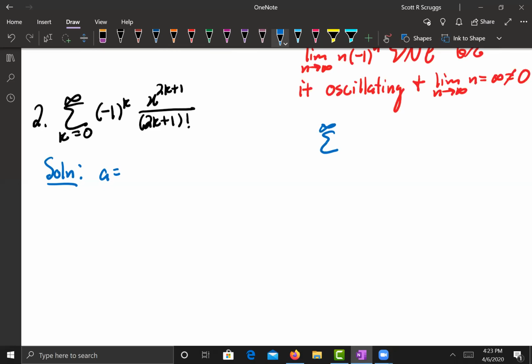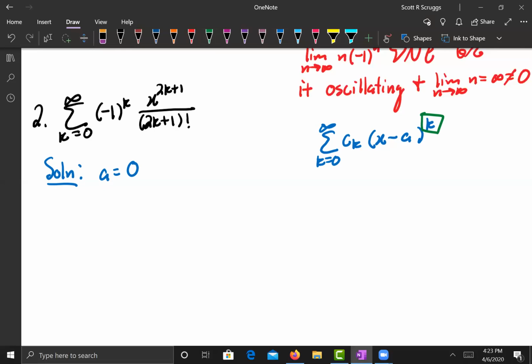Our general form is always the sum goes to 0, a coefficient times x minus the center raised to the kth power. And the thing to note with that kth power, doesn't matter what form that's going to be. And Luke, I agree. It should be 0.